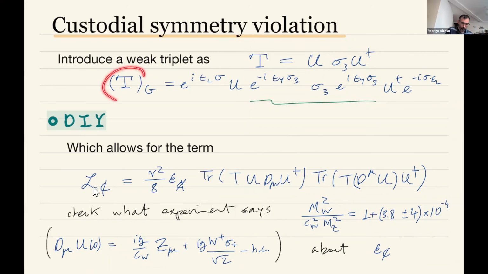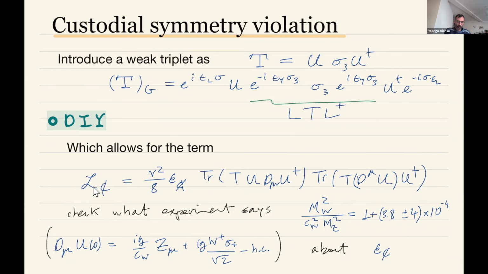And so the way this will transform under G will be with hypercharge group elements on the left and the right dagger that commute with sigma 3, and then just leave us with L. It will be just that left-handed transformation T and the left-handed transformation dagger.